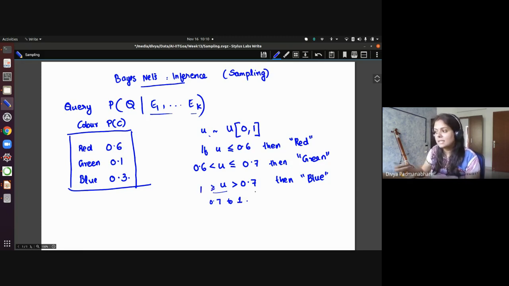So then it will say that it's blue. So in that sense, this is correctly giving you a sample from your desired distribution. This is a very simple case where there's a fixed distribution with discrete choices, and you just generate accordingly. These ideas also extend to continuous distributions, but we won't look at that for now.